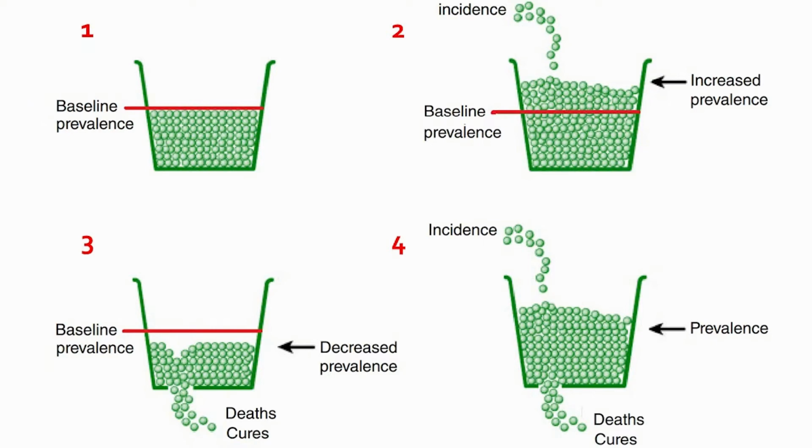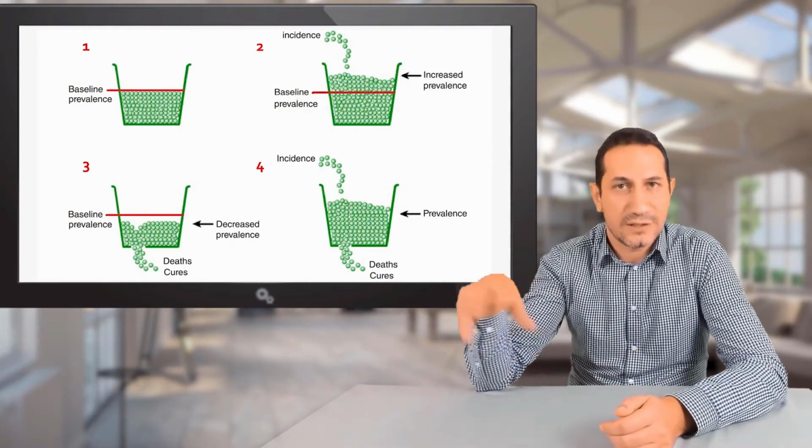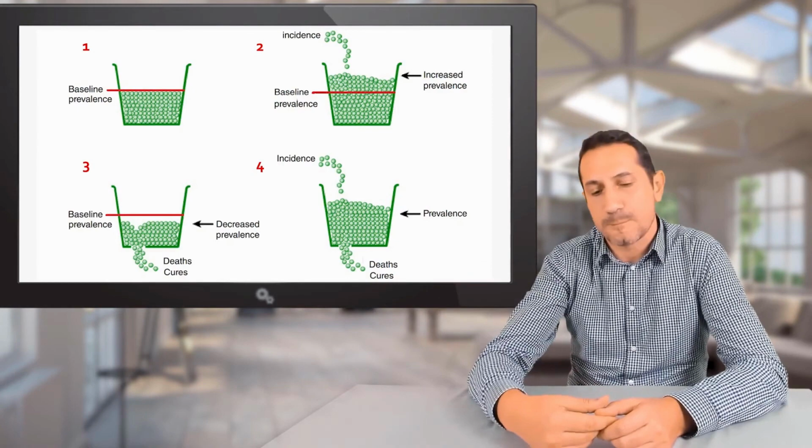But in general, as we see in figure 4 here, there would be cases adding in and cases going out, and then, let's say, an equilibrium is achieved. Of course, there is the equilibrium, a steady state. It's not achieved like a line, but normally it's fluctuating. So diseases, especially when they become endemic, fluctuate. So they have their baseline.